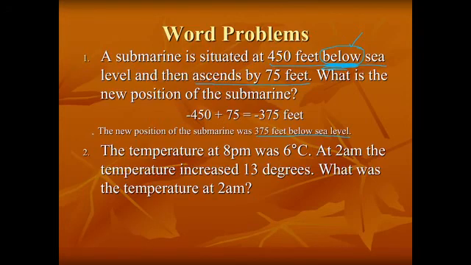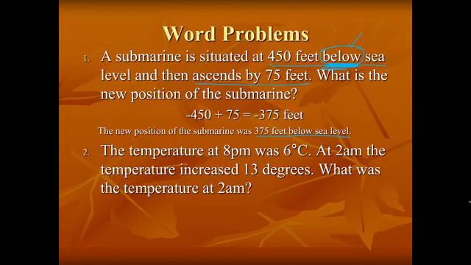Number 2, the temperature at 8 p.m. was 6 degrees Celsius. At 2 a.m., the temperature increased 13 degrees. What was the temperature at 2 a.m.? So, at 8 p.m., the temperature is 6 degrees Celsius. At 2 a.m., the temperature went up 13 degrees.